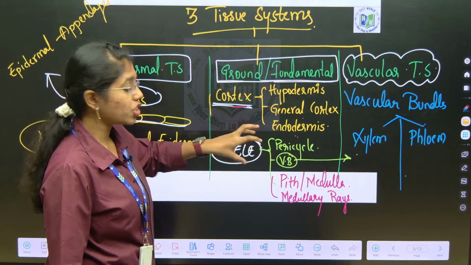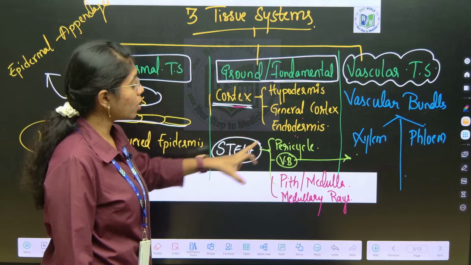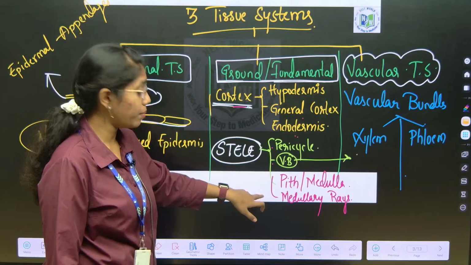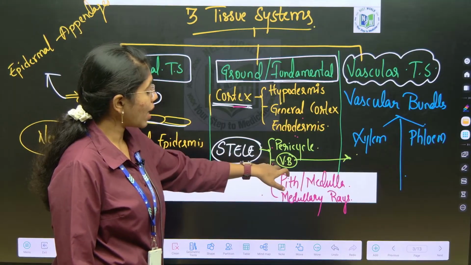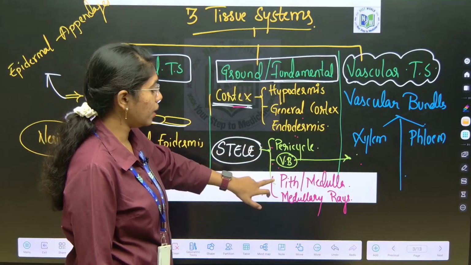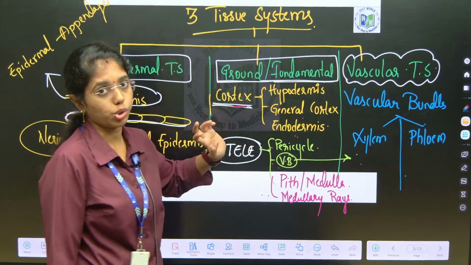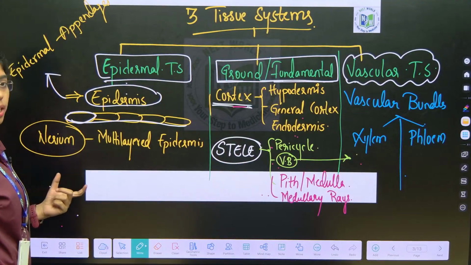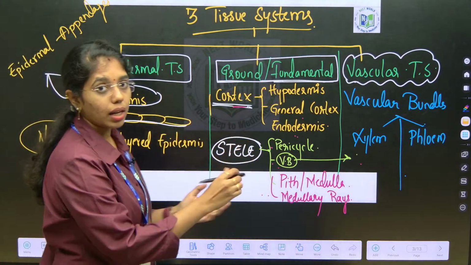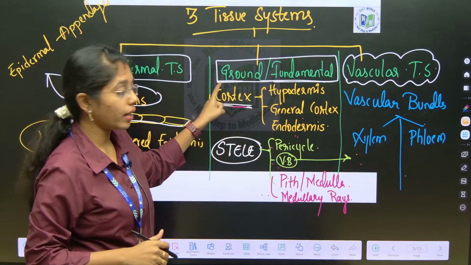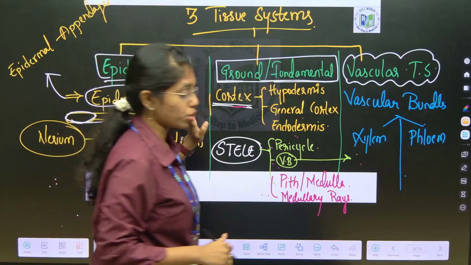The stellar region, at the center, includes pericycle, vascular bundles, pith or medulla and medullary rays, of which vascular bundles are under the vascular tissue system, and pericycle, pith and medulla are under the ground tissue system. So remember that apart from epidermis and vascular bundles, every region or layer is included under the ground or fundamental tissue system.